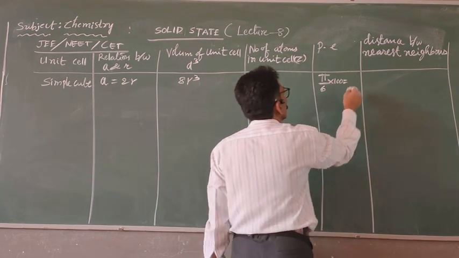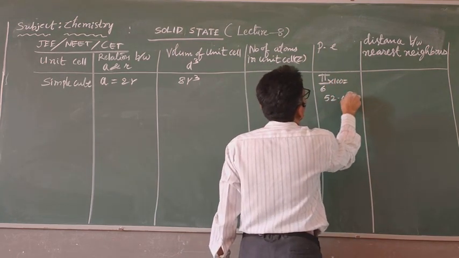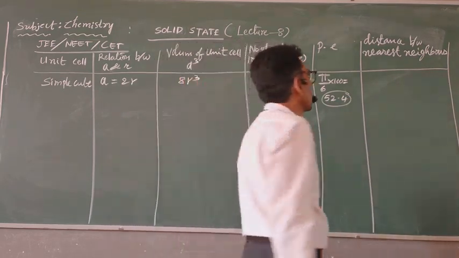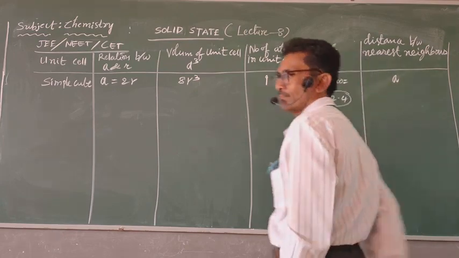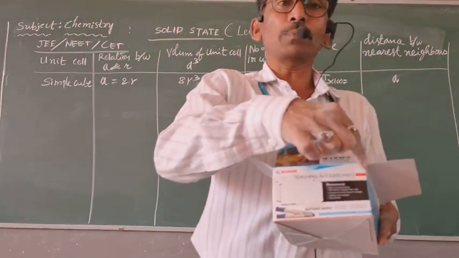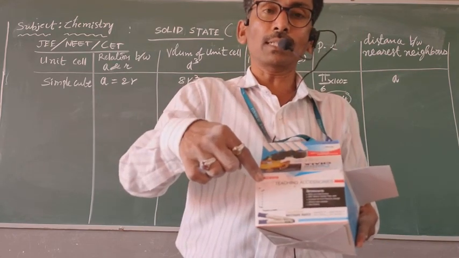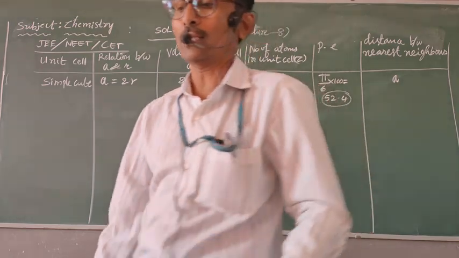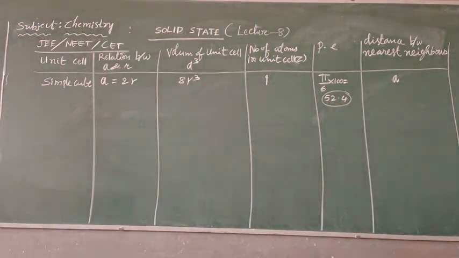That is 52.4%. Nearest neighbor distance is equal to a. As both particles are at adjacent corners, the nearest neighbor distance is equal to edge length, in which case simple cube.